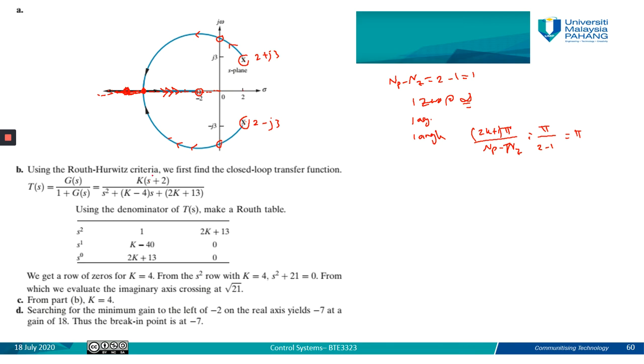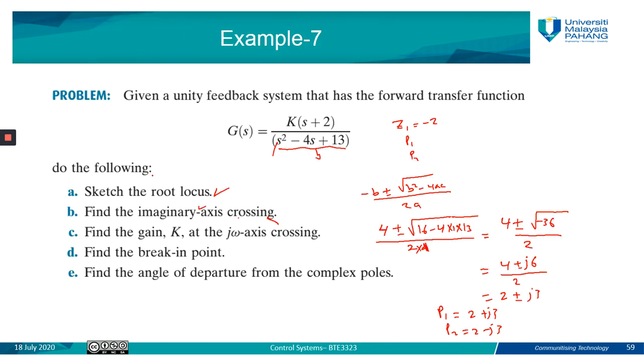So we convert this G(s) in order to find T(s), and then we apply the Routh table. T(s) will be G(s) over 1 plus G(s)H(s). Because here it is unity feedback, H(s) equals 1, so it will be G(s) over 1 plus G(s).